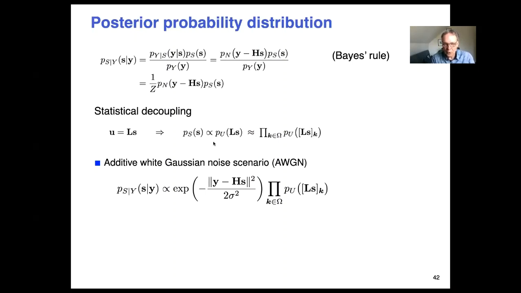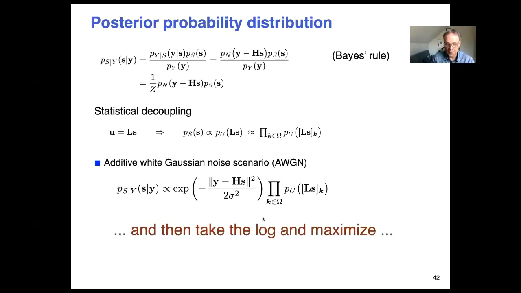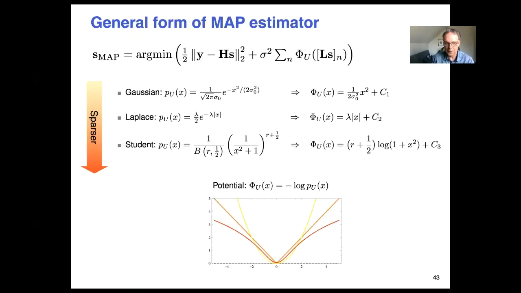So I can write this likelihood, and the probability of the signal given the measurement will have the noise term here, which is an exponential of this. Here you have the data term, and here you have the product of the probabilities of the U's, which is the decoupled version of the signal. Then take the log and maximize. Okay, and we're done. That's the next slide.